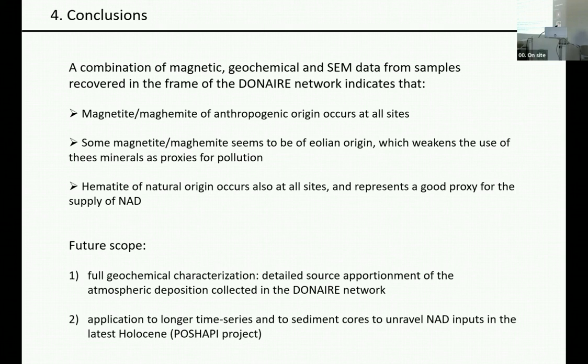And the other thing we want to do is to apply these magnetic properties to longer time series and also to sediment cores to unravel, in the case specifically of North African dust, the factors that modulate their arrival into Southern Europe, both in the present time and in the latest Holocene.